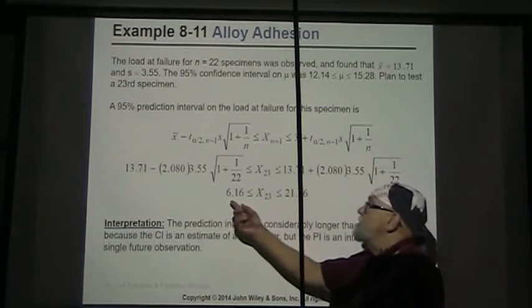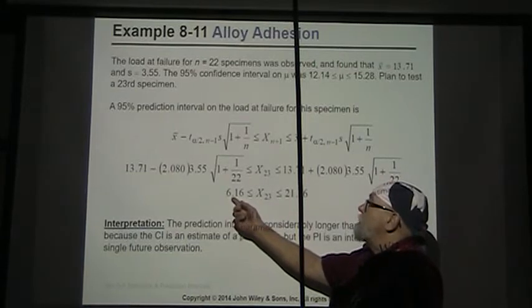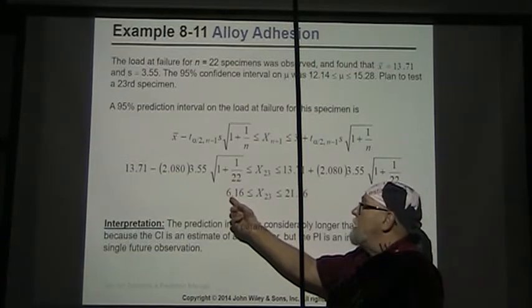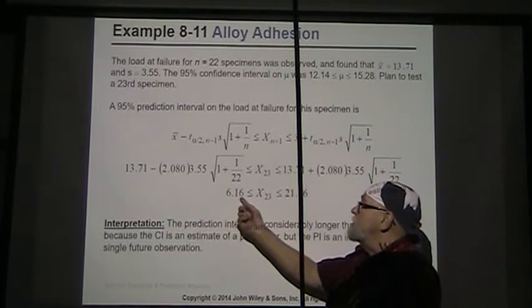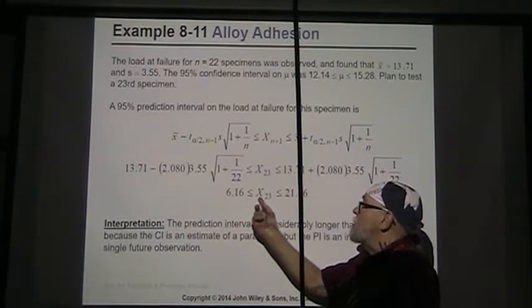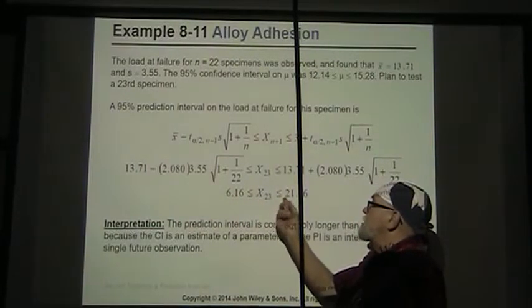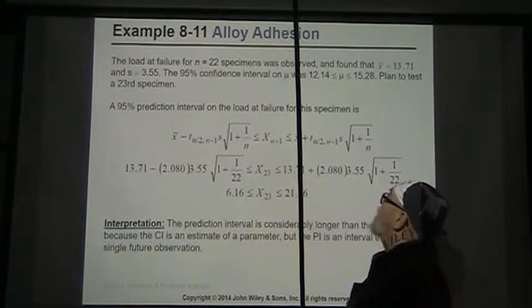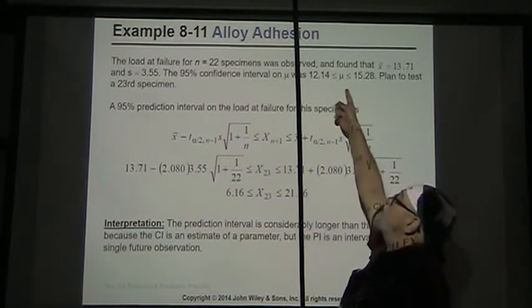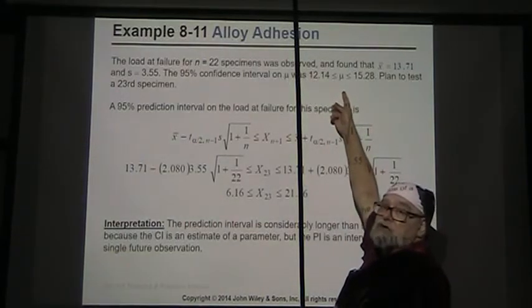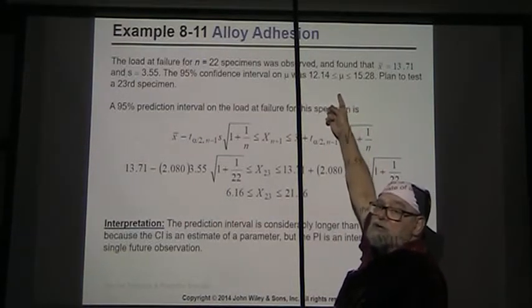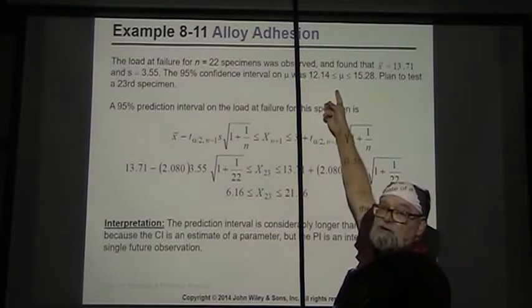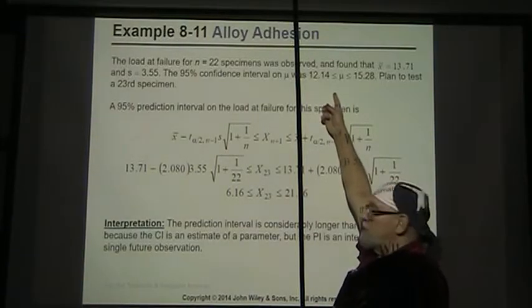And that means that our next specimen will be between 6.16 less than or equal to x23 less than or equal to 21.26. Wow, that is a huge prediction interval compared to our confidence interval, which you can see up there.